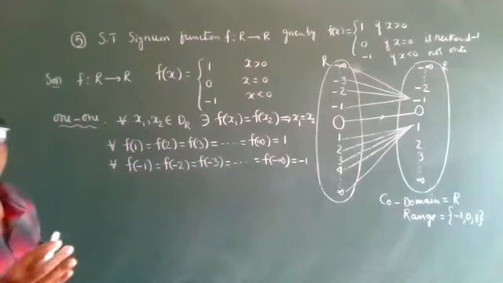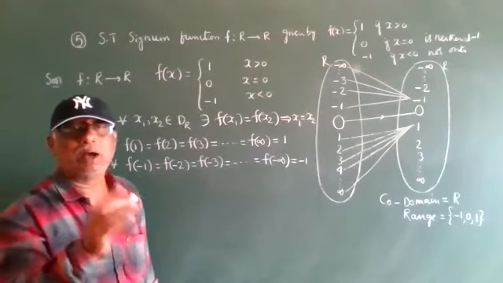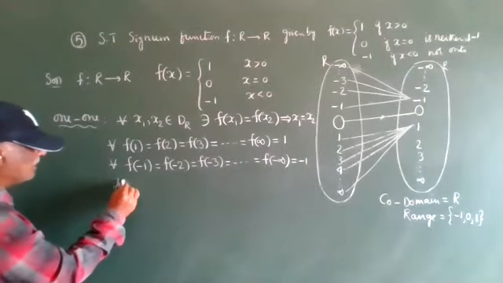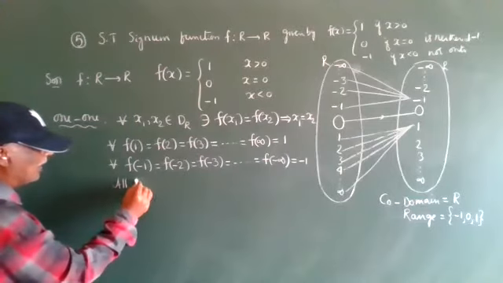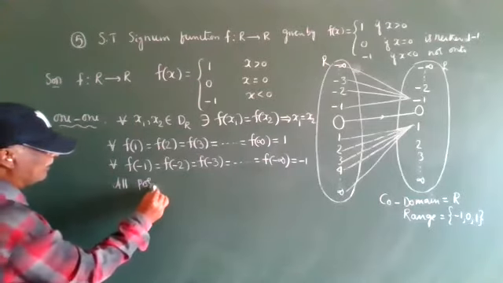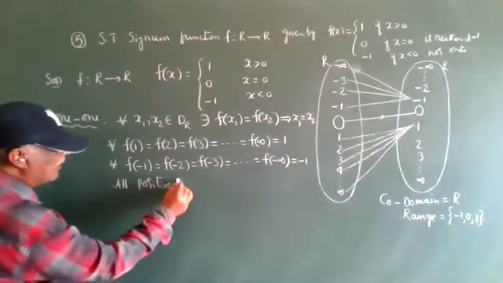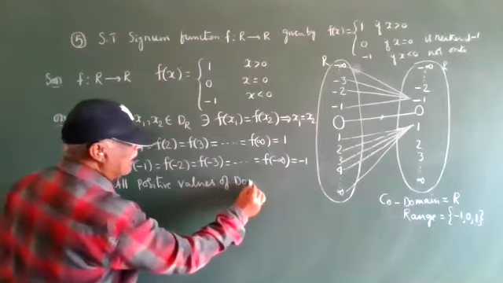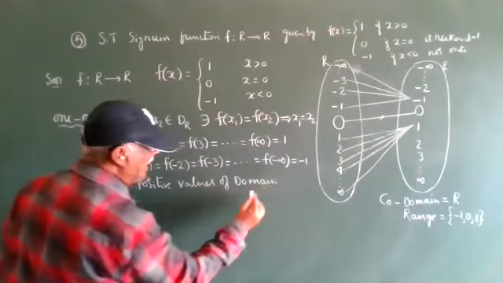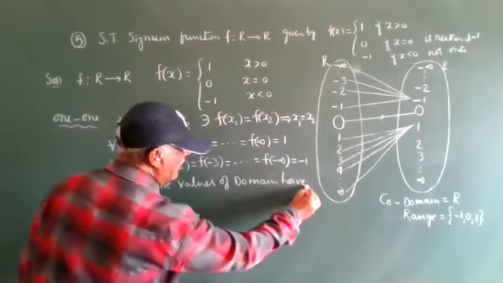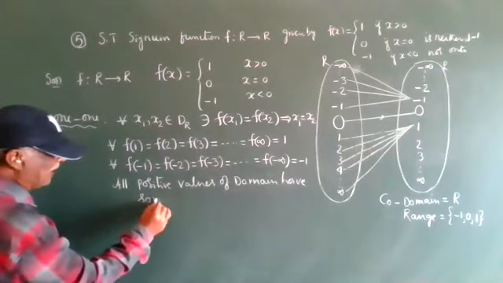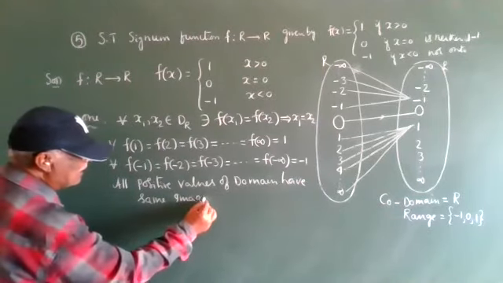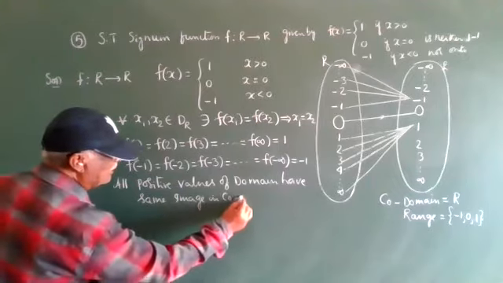So all positive values of the domain have the same image in the codomain.